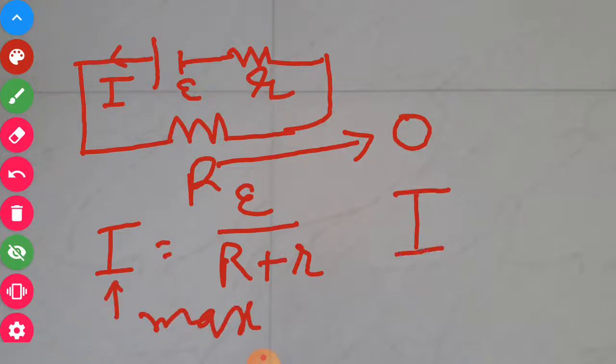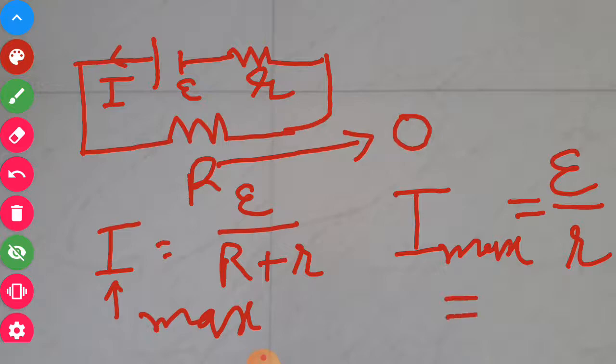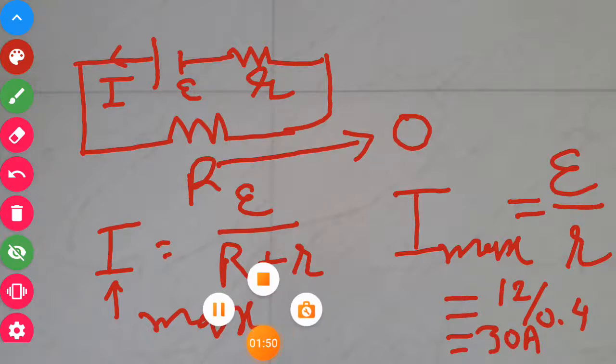So maximum current that can be drawn is equal to E upon r, and the value of E is given 12 volt. Value of internal resistance is given 0.4 ohm. So the maximum current is 30 ampere. Very easy.